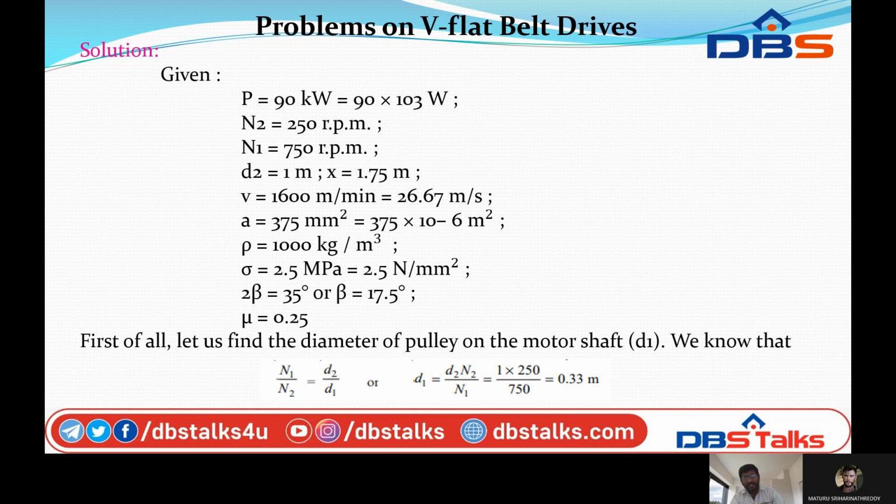D2 is already given, so we can calculate D1. By cross multiplication, D1 is equal to N2 into D2 by N1, that is 250 by 750. 250 divided by 750, the final result is 0.33. So D1 is 0.33 meters.